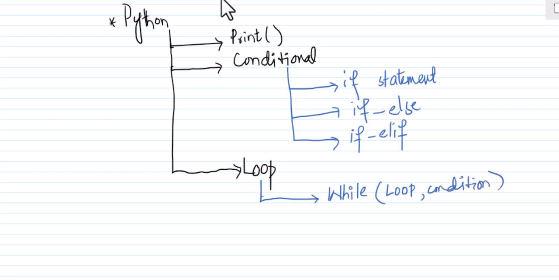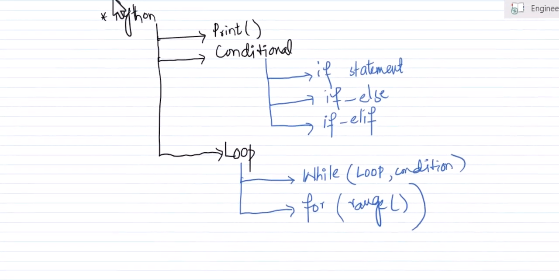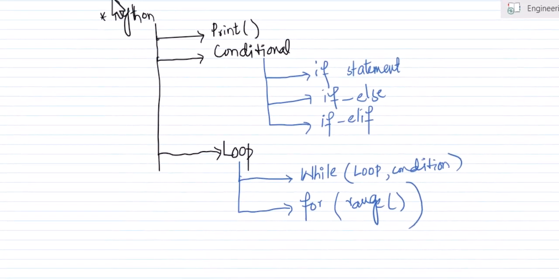And after it we also learned the basics about the for loop, which is just the iterative loop which runs across different items by using the range function. So we have used these in our Python course, which basically consisted of print, conditions and loops.